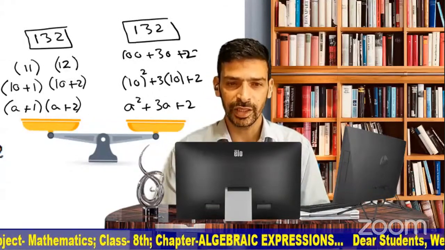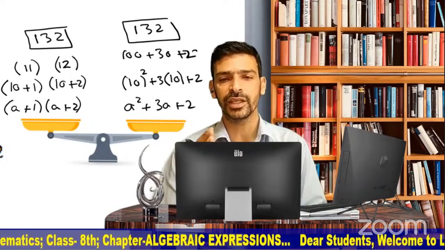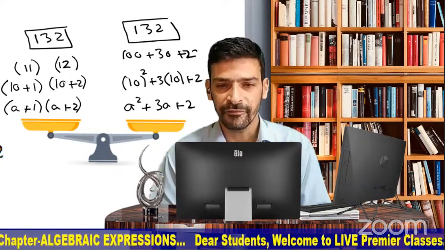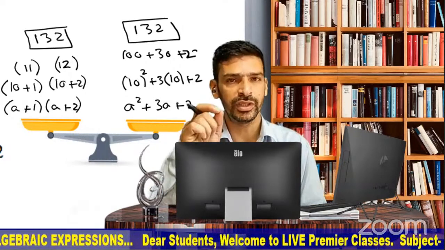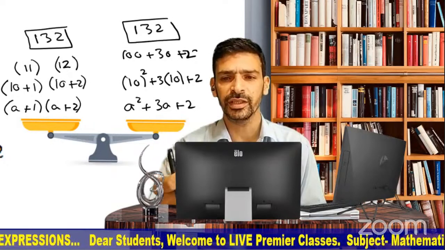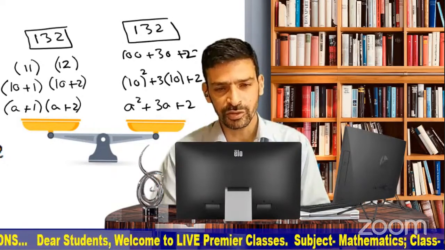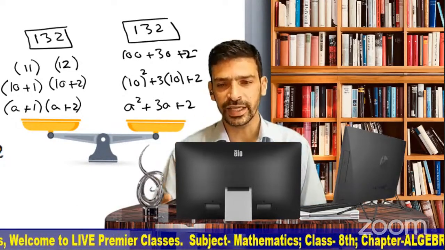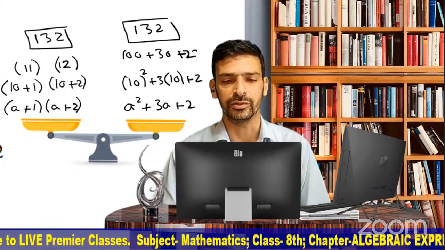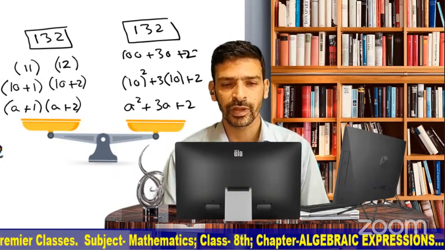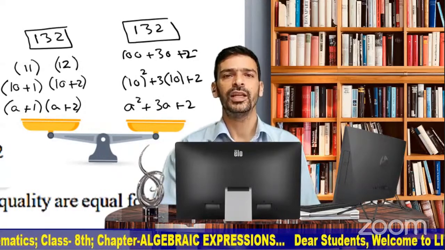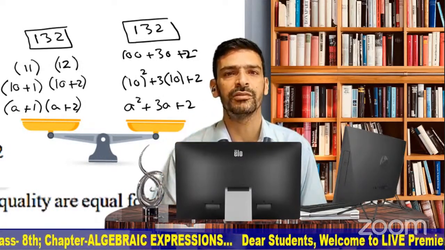It is a plus 1 multiplied by a plus 2 equals a square plus 3a plus 2. इसमें वेरिएबल a है और हमने a का वैल्यू 10, एक एग्जांपल की शक्ल में हमने इसका वैल्यू 10 लिया और जब हमने सब्स्टिट्यूट वैल्यू किया हमारा LHS जो है it turns out to be 132 and our right hand side it also turns out to be 132. अब देखिए a वैल्यू सब्स्टिट्यूट करने से LHS और RHS इक्वल हो गया.